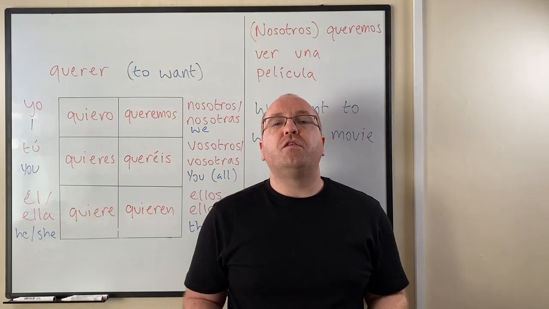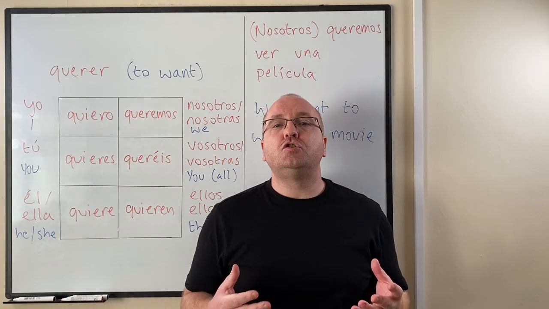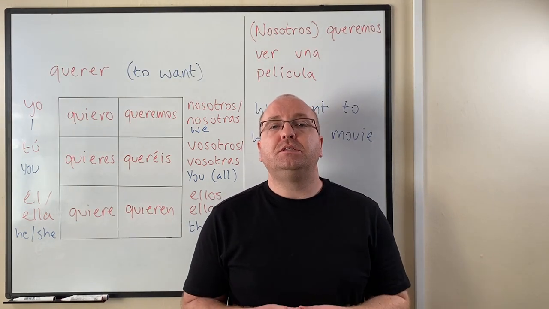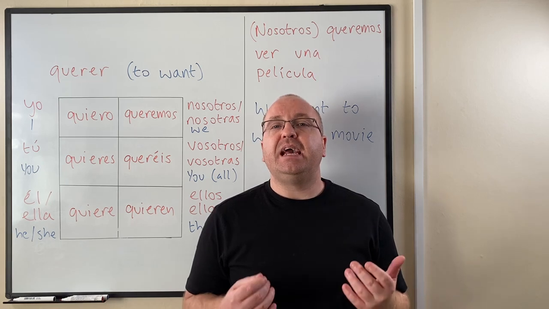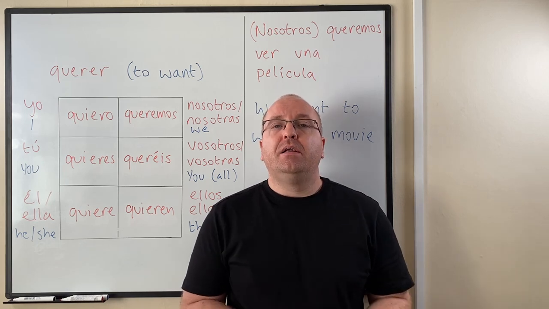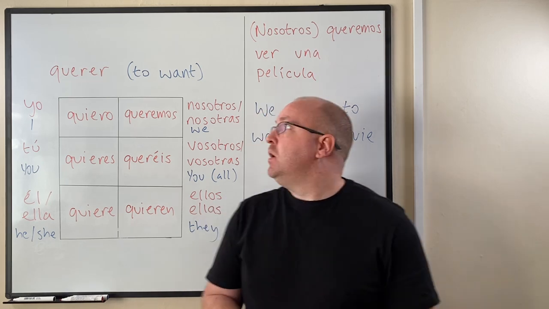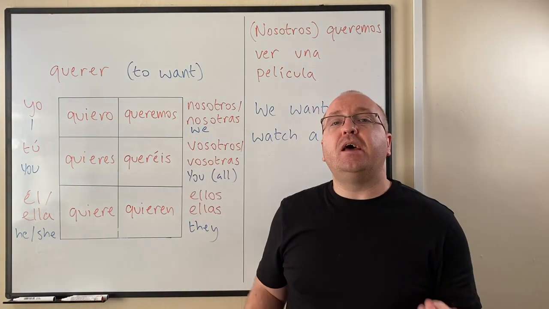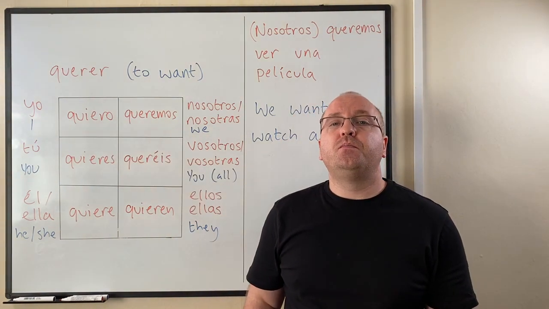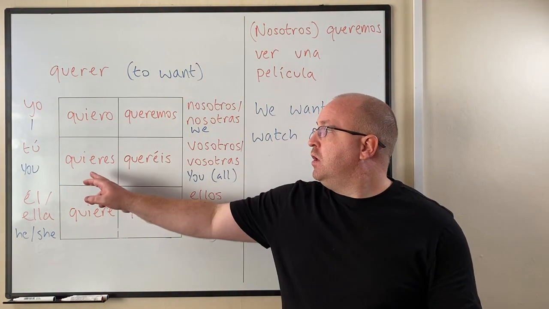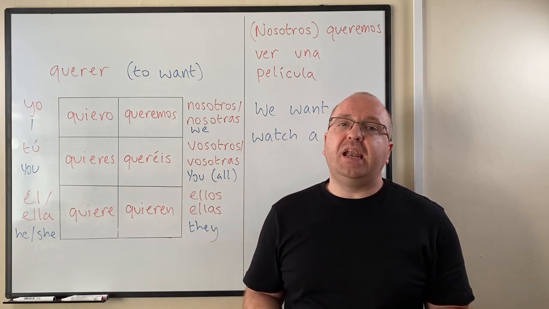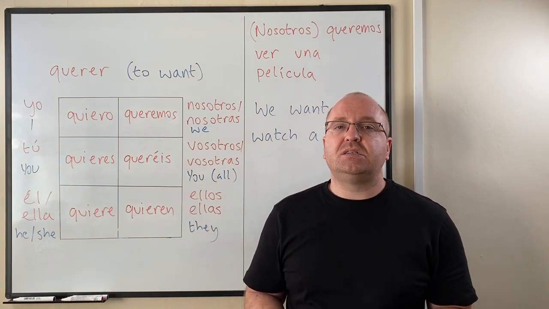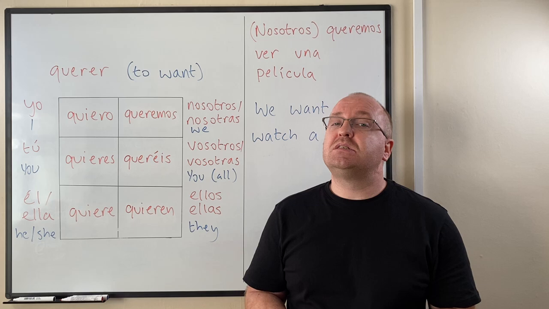Now the next verb that we're going to look at is the verb for to want. And to want in Spanish is querer. Now let's look at the conjugated forms. I want, quiero. You want, quieres.